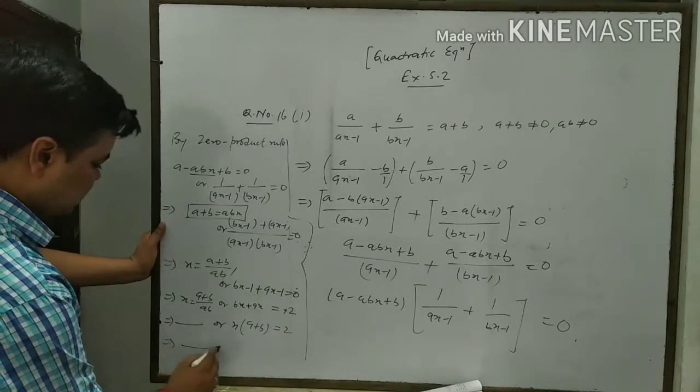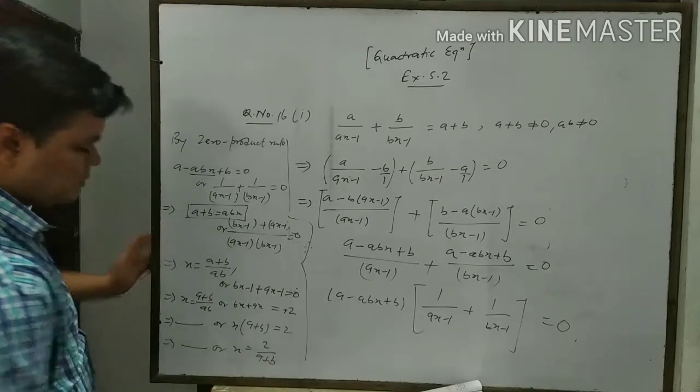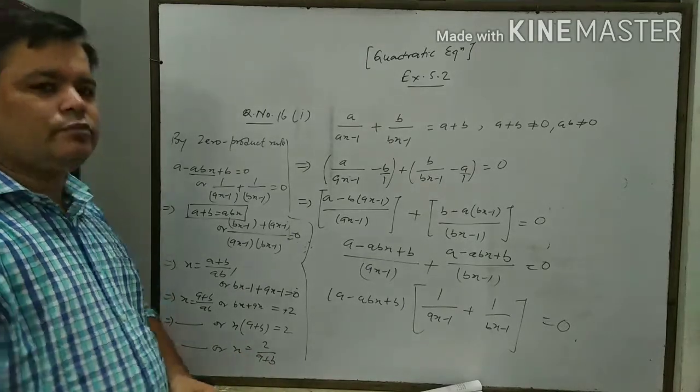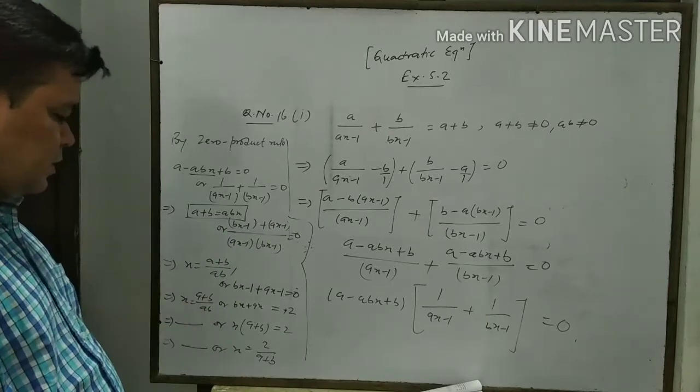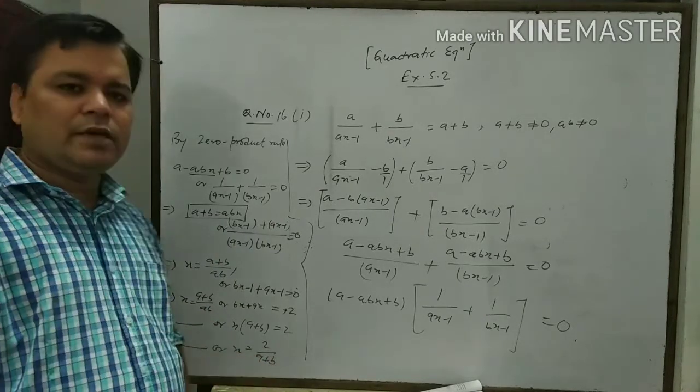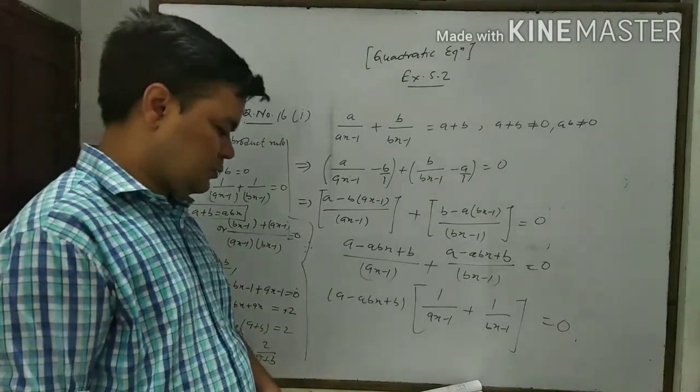This implies x is equal to 2 upon a plus b. It means here also we have two zeros of x. The first one is a plus b upon ab and the second one is 2 upon a plus b. In this way we can solve this equation also.